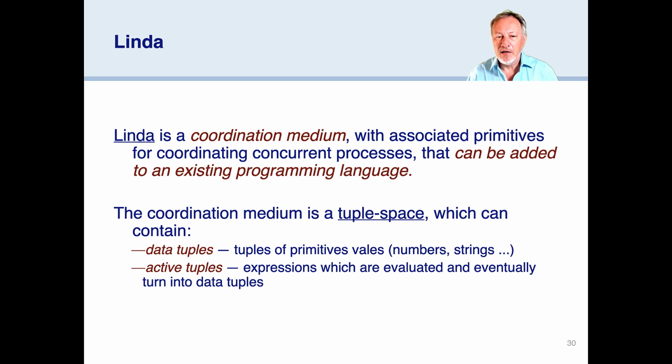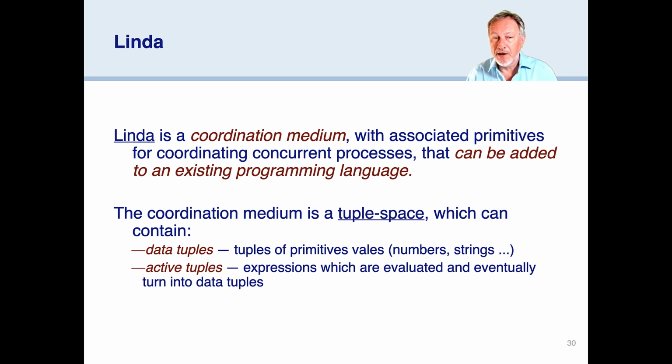Over time, many different kinds of coordination media have been developed. Linda is one that supports a so-called tuple space. So the messages that sit in the blackboard can be basically seen as tuples, like relational tuples. And the tuples can contain data, so they're n-tuples, and the tuples consist of primitive values, so typically numbers and strings.